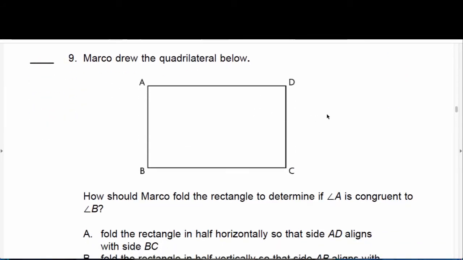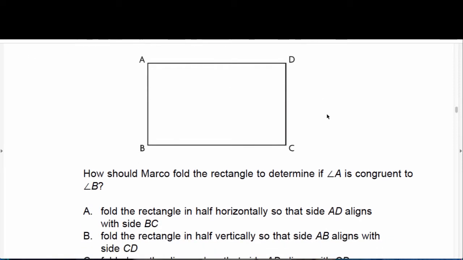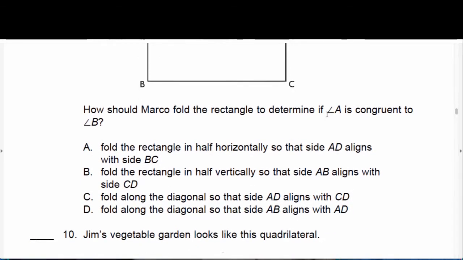Question 9. Marco drew the quadrilateral below. How should Marco fold the rectangle to determine if angle A is congruent to angle B? A. Fold the rectangle in half horizontally so that side AD aligns with side BC.